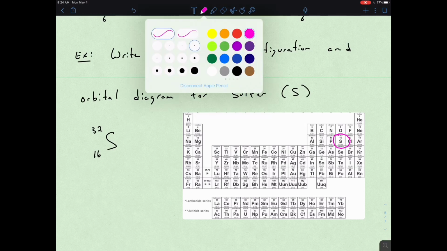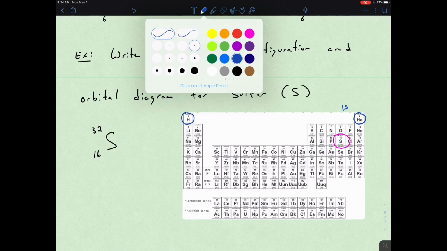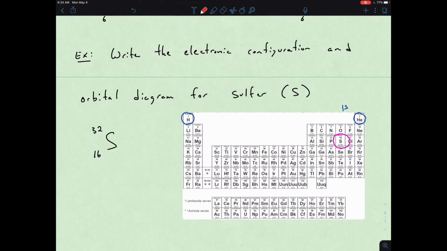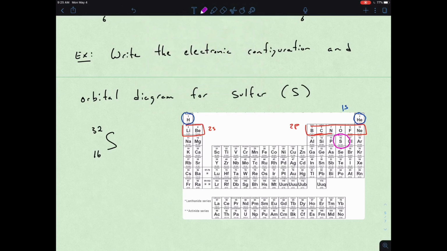So that means in filling up our orbitals, we have all these electrons for sulfur. It has the 1s with those electrons. We continue down the path, right? We have our 2s and our 2p. And then going one step further, we have our 3s and then our 3p, which is going to stop right at that sulfur atom.